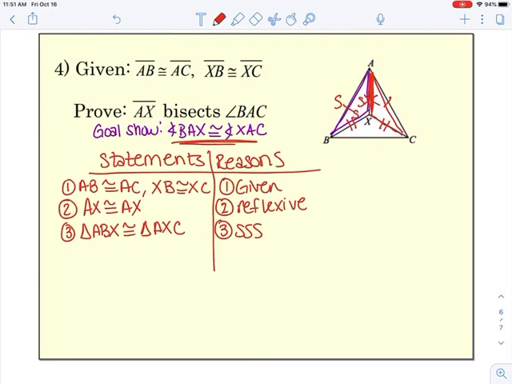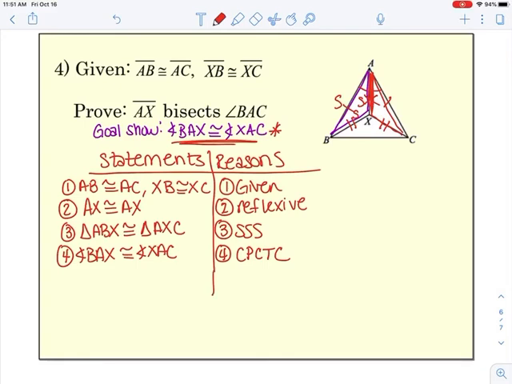Now that I have the two triangles congruent, now I can say those two angles that we were talking about in the beginning are congruent because of CPCTC. So angle BAX is congruent to angle XAC because of CPCTC. Corresponding parts of congruent triangles are congruent.